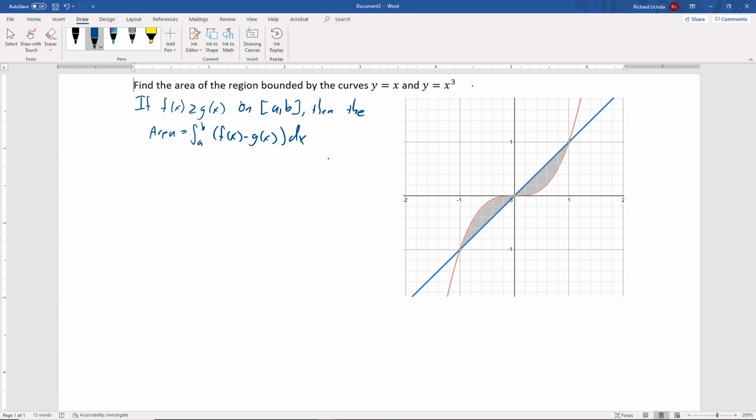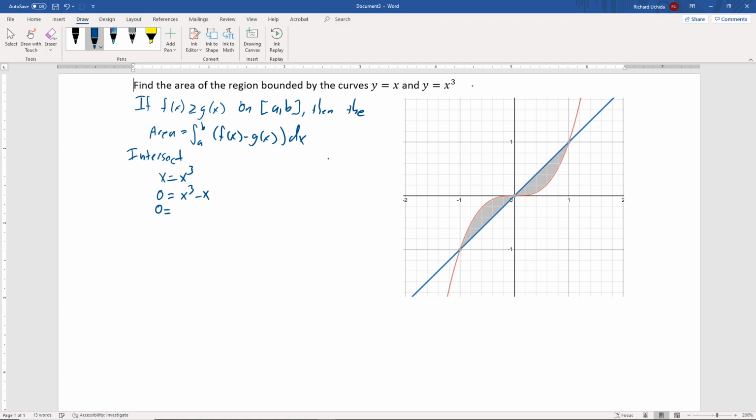So what we've got to do is find first where these two graphs intersect each other. We would do that by setting the two functions equal to each other. So set x equal to x cubed, and subtract x from both sides. You get x cubed minus x.